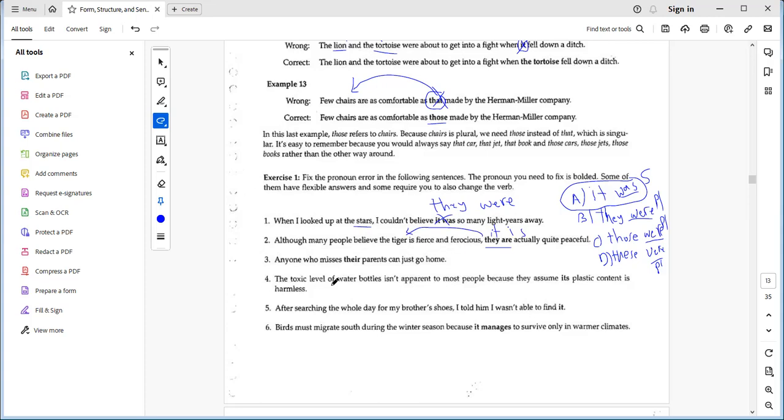Abdul Qadir, number 3. Abdul Qadir, your mic still working? Yes. Anyone who misses their parents can just go home. Anyone is singular. We talked about that yesterday. Any, every, each, singular.